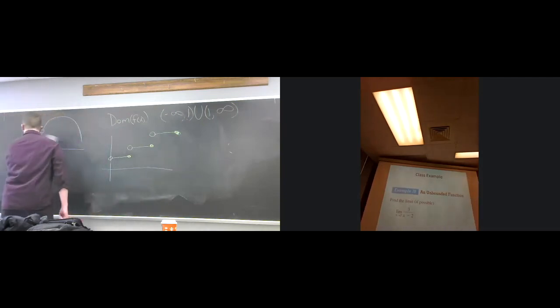Okay. How do we know it doesn't exist? What does it look like? What is this thing doing? Well, let's graph it really quick. Our function is going to look something like this.